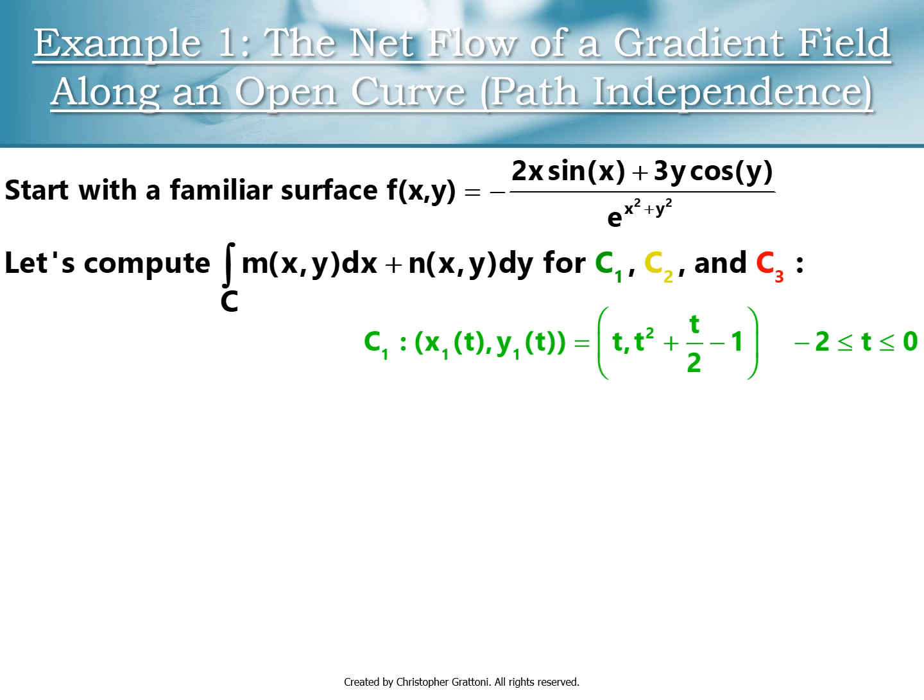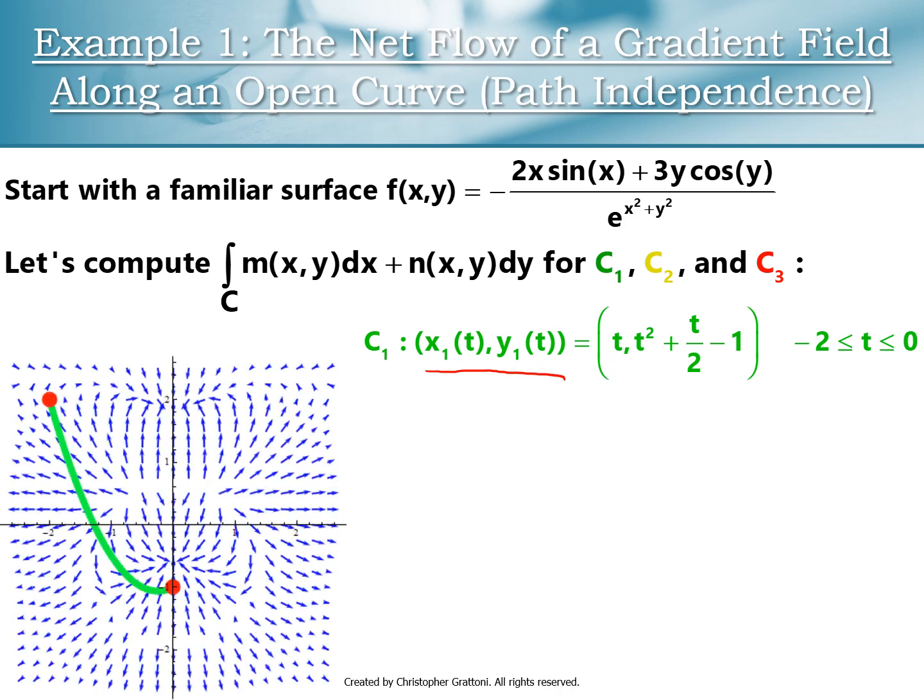Now here's my C1. I have an x1 of t, y1 of t that I parameterized, and it looks like this. Now remember that these path integrals compute our net change in altitude from our starting point to our ending point on the surface.